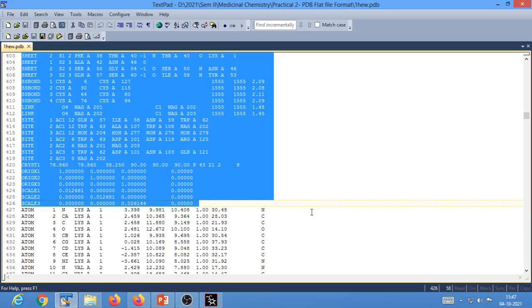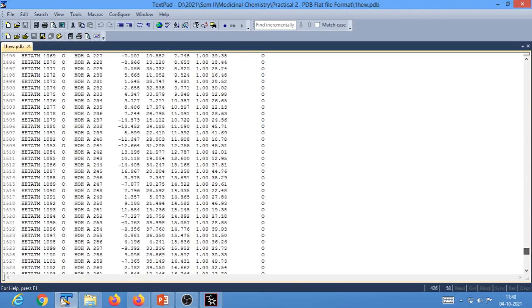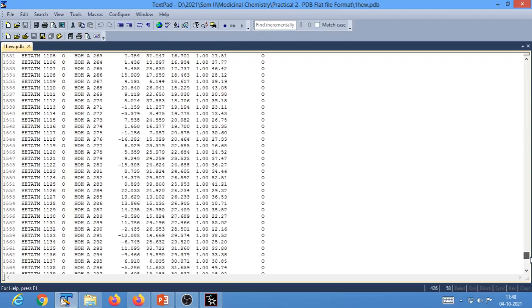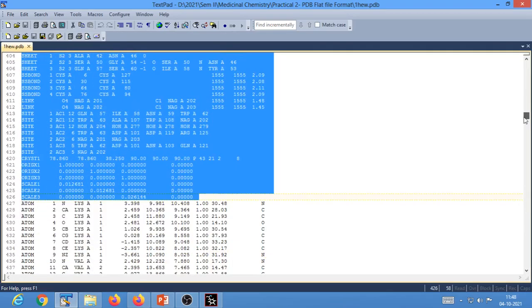Now you can say that of the 1627 lines in your PDB, only 426 lines are devoted to the annotation section, and the remaining lines would correspond to your coordinate information. We will come to what exactly coordinate information is in a while.